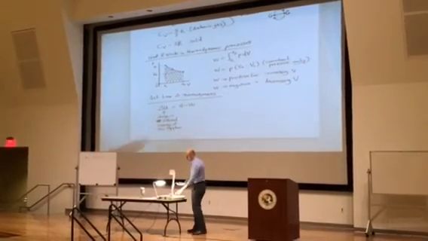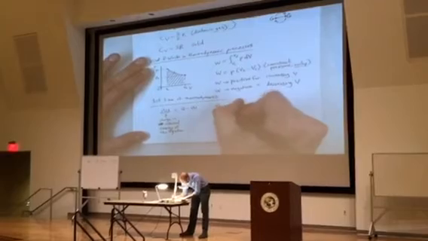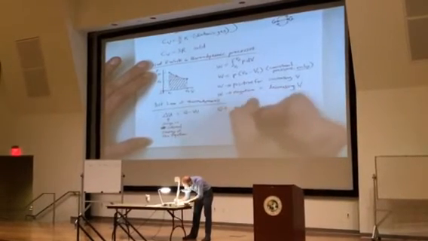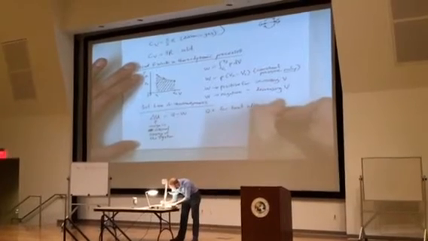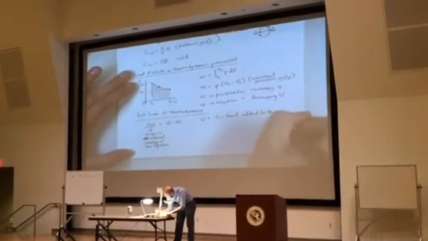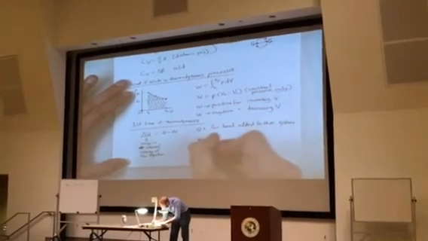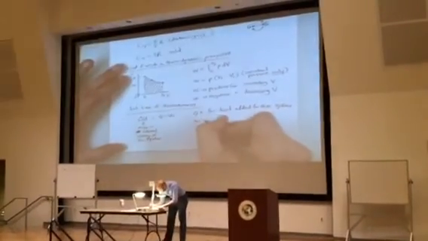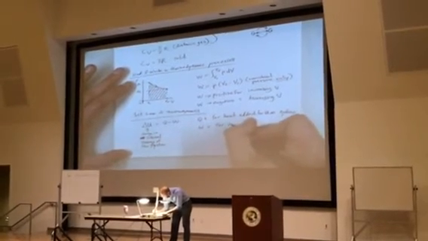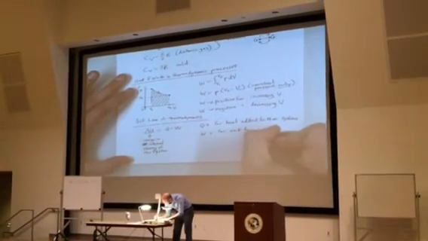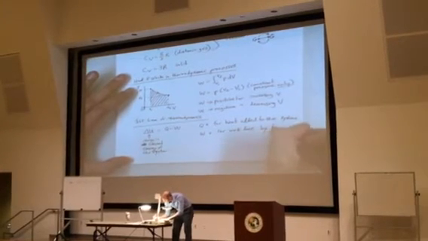Q is still the heat and W is the work. Another sign convention here is that Q is plus for heat added to the system, and W is positive for work done by the system.